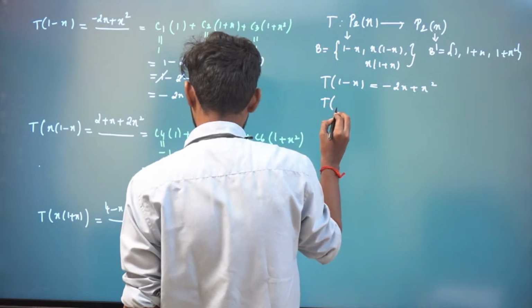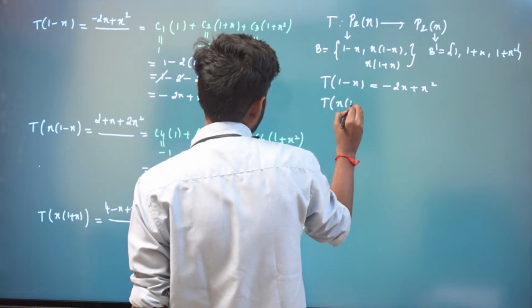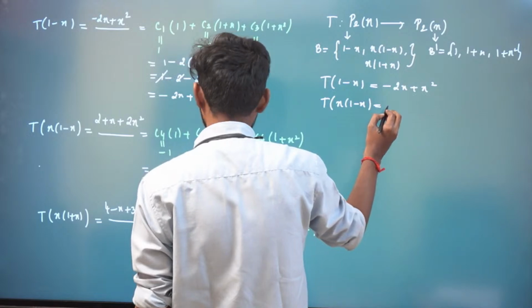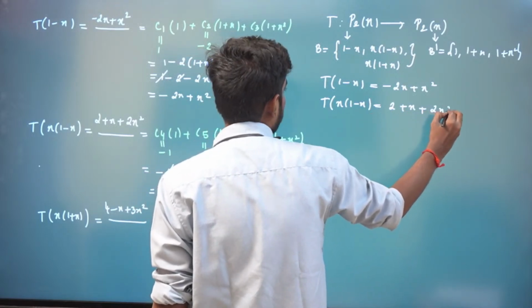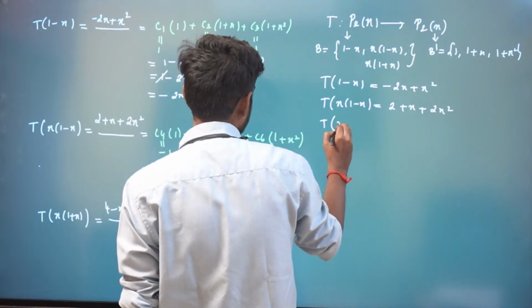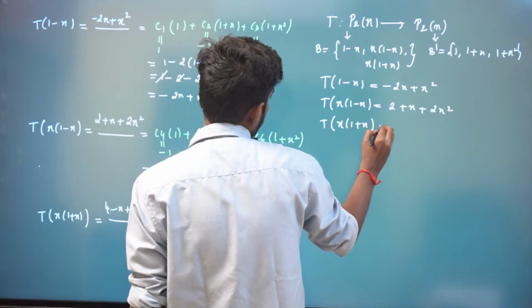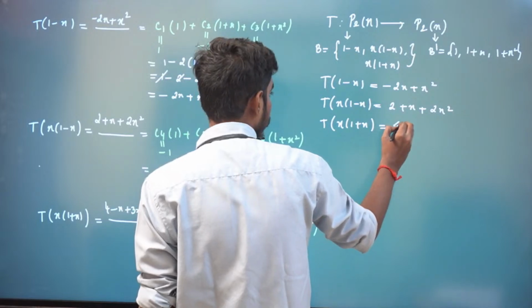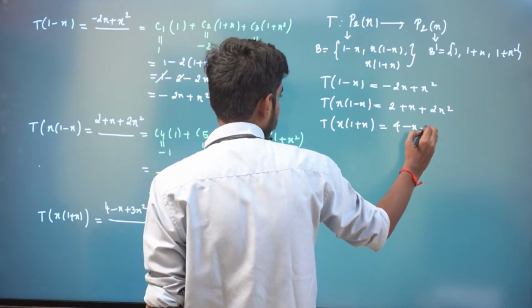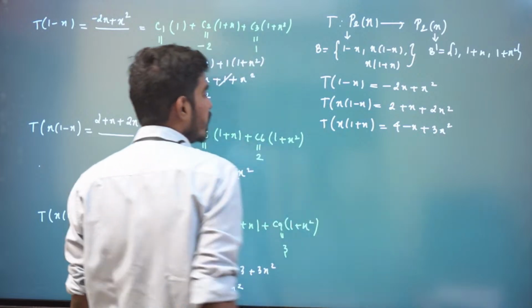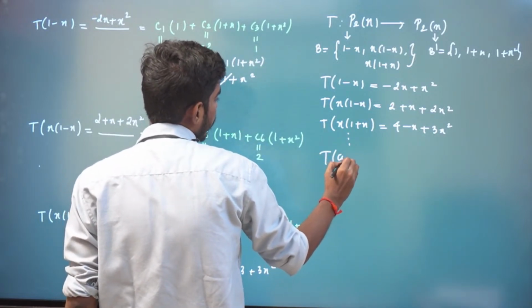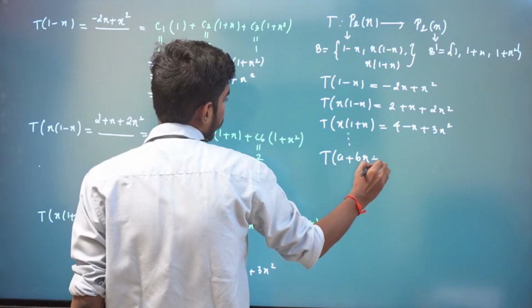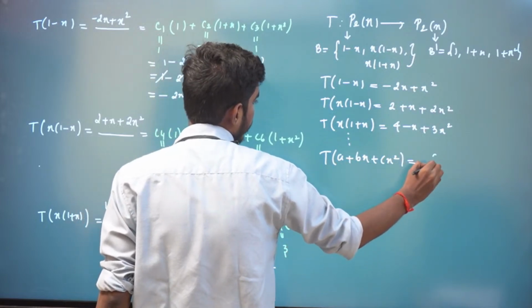T of x(1 minus x) maps to 2 plus x plus 2x squared, and T of x(1 plus x) maps to 4 minus x plus 3x squared. In general, you find me where T of a plus bx plus cx squared maps.